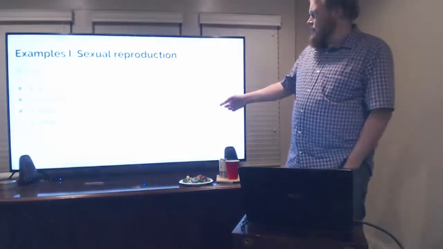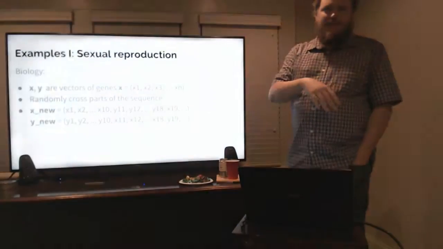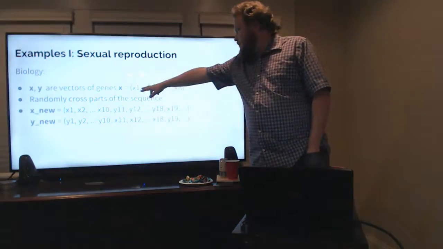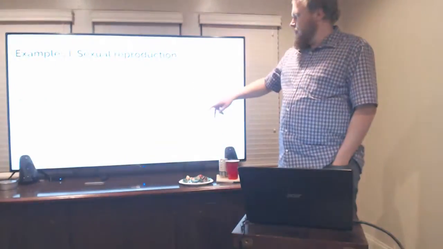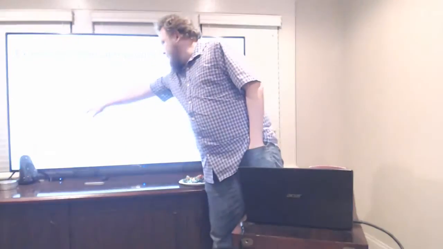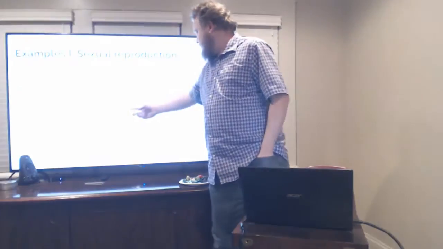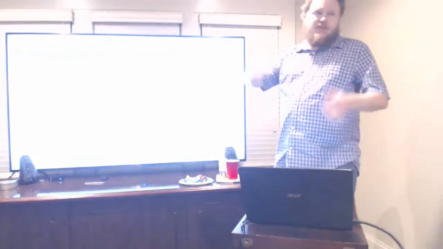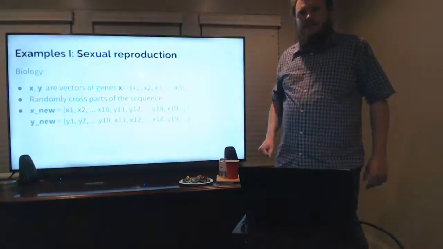And so in biology, this goes back to 10th grade biology or whatever. You have vectors of genes, X1 to Xn, and so you randomly cross parts. Here you can see that X keeps X1 to X10, and suddenly it gets the stuff from Y. And then another chunk it gets from X, and vice versa. So it just is randomly swapping the stuff back and forth.